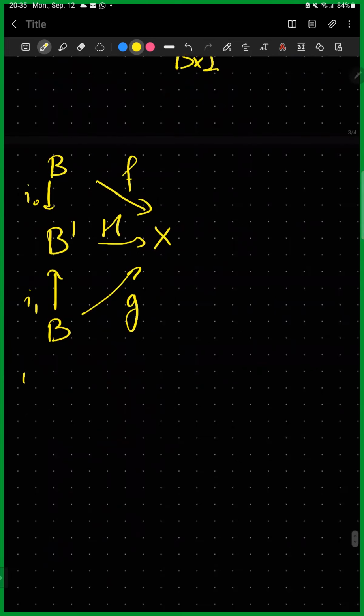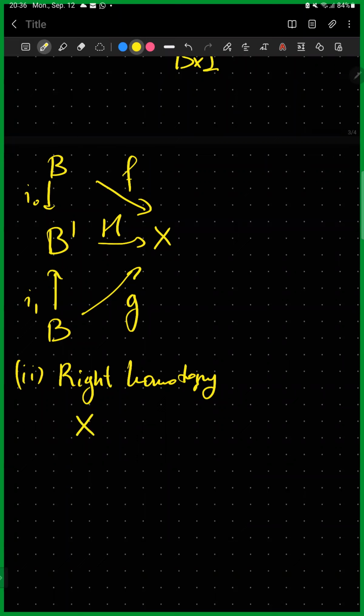So dually, the notion of right homotopy is defined using a path object.